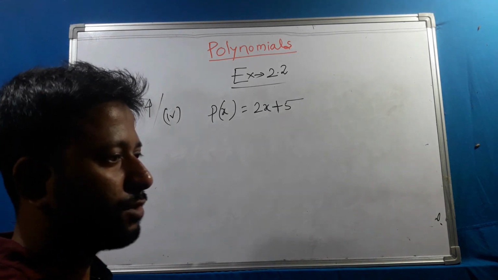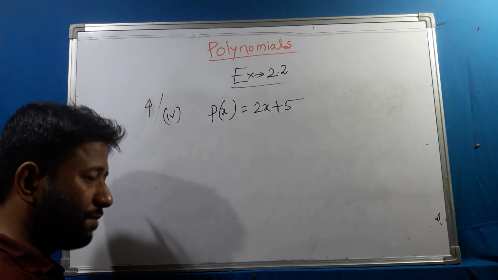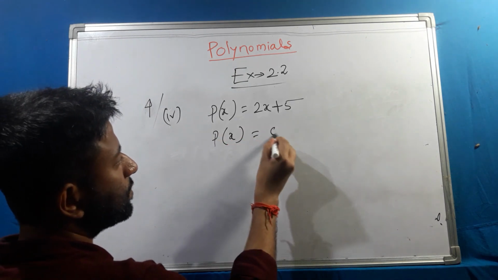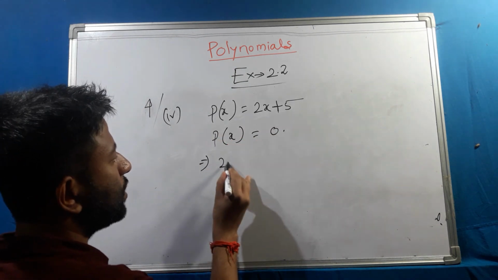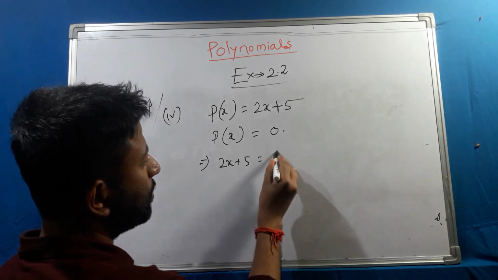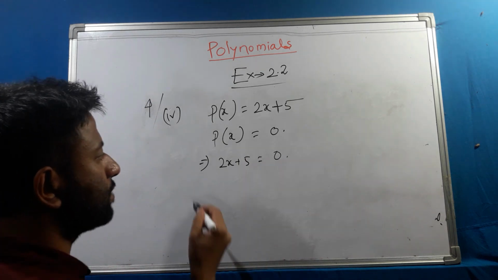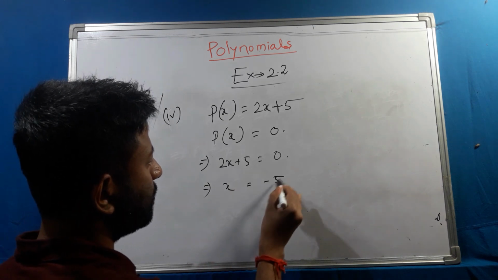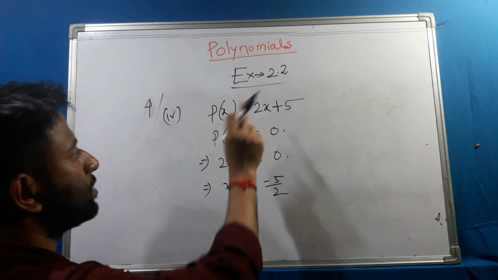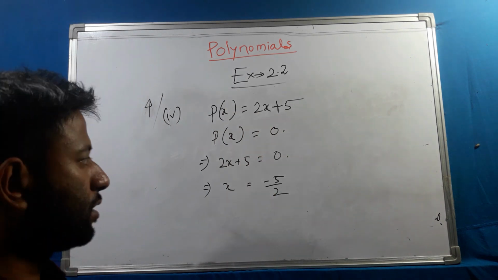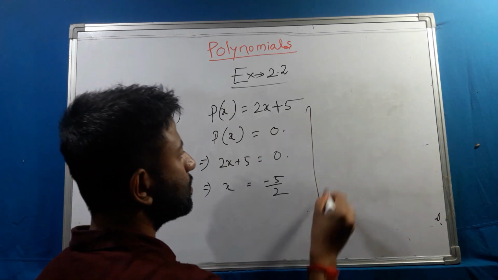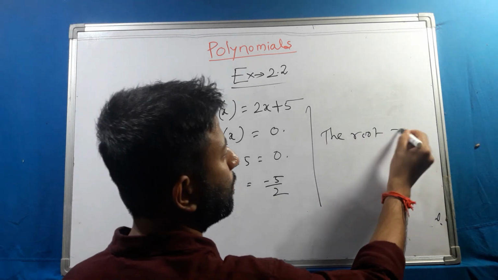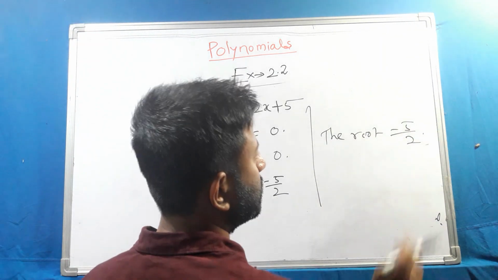I already mentioned, if I have to find the root, then I have to assume p(x) should be equal to 0. That means 2x + 5 should be equal to 0. Then x becomes how much? Minus 5 by 2. If you put this value here, you will see that this will be equal to 0. So I can say the root will be -5/2. This is the answer.